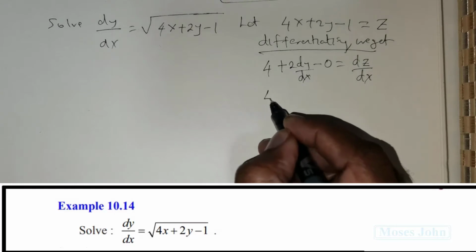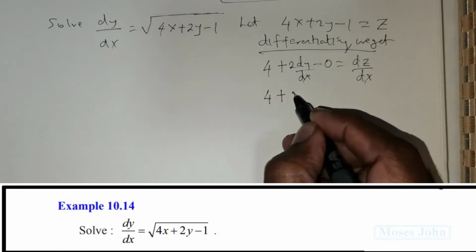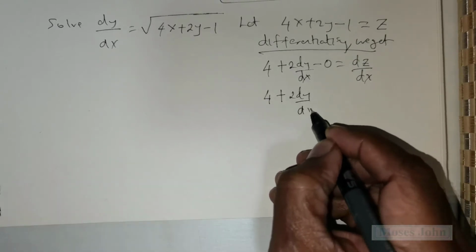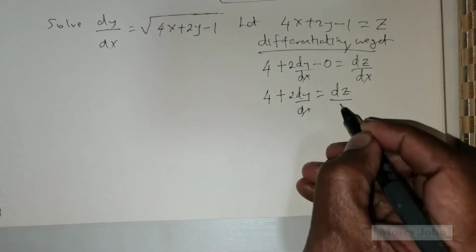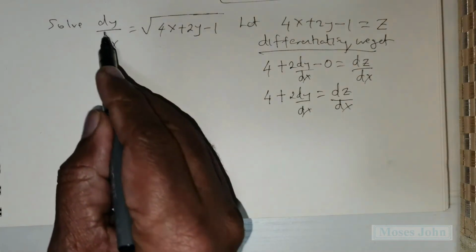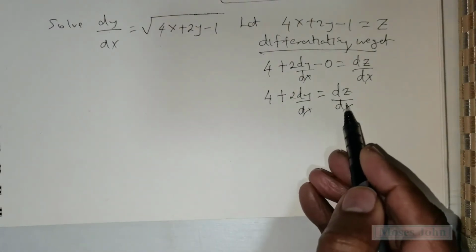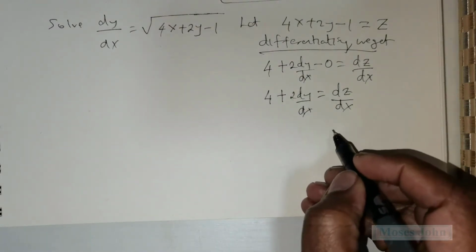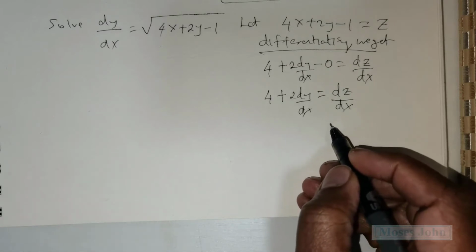I can rewrite this as 4 + 2 times dy/dx = dz/dx. Now, in place of dy/dx, I can substitute, but I need to make some alterations.